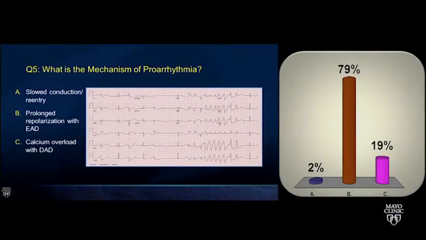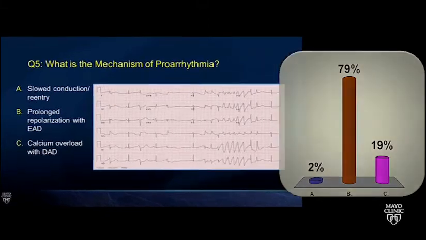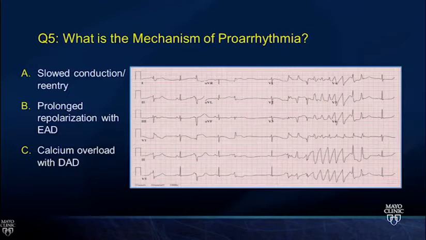All right, so prolonged repolarization and EAD, majority of you chose that. Okay, so calcium overload with DAD, a quarter of the audience. So when you look at this tracing, sinus rhythm, narrow QRS, and from here it looks like the QT is prolonged and you have a single PVC. So if you have a PVC that occurs on a T wave, the action potential has not completed and it is early after depolarization.